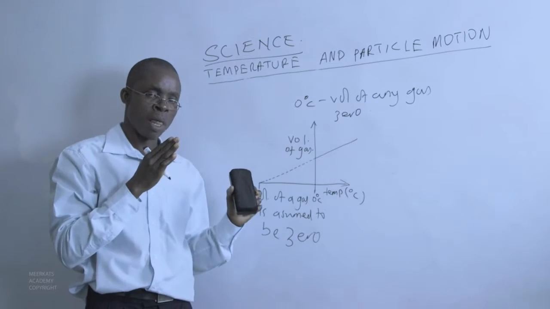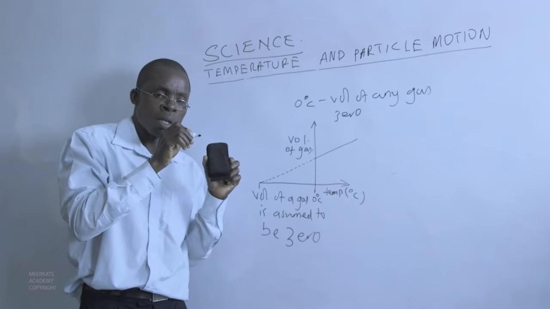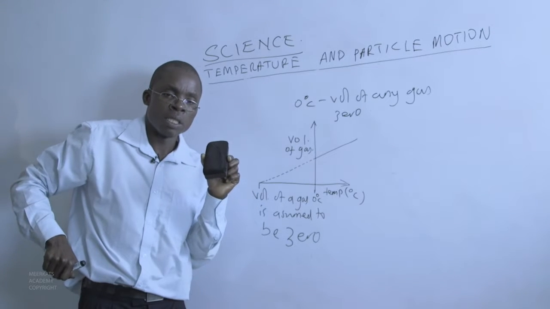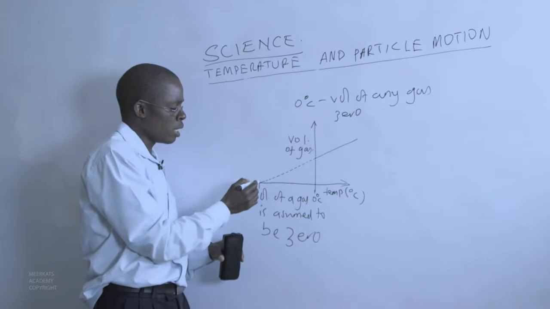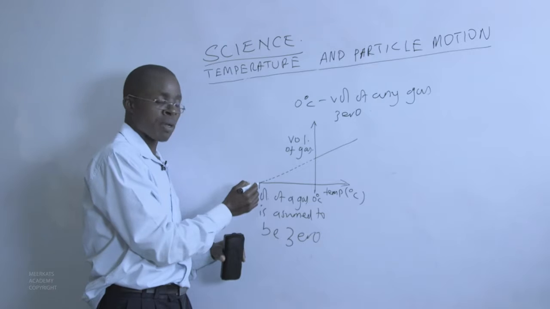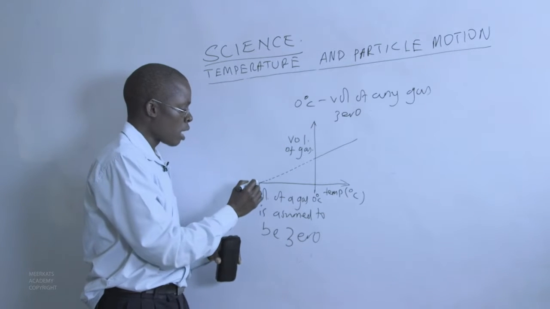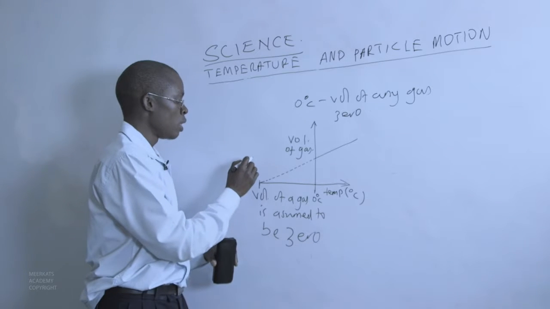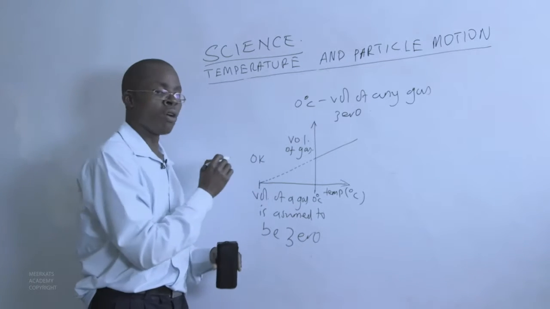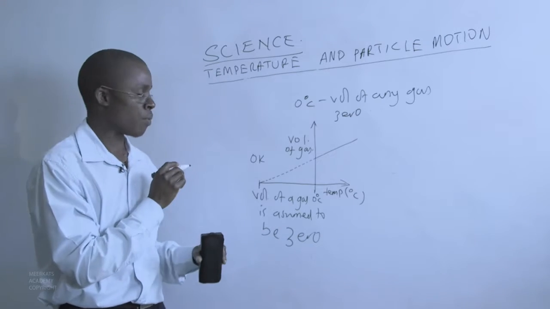It was reducing. So following the same path, but now at a lesser temperature than 0 degrees centigrade, it will go until it cuts the temperature axis at this point. So at this point where it cuts the temperature axis is what we call 0 Kelvin or absolute 0.